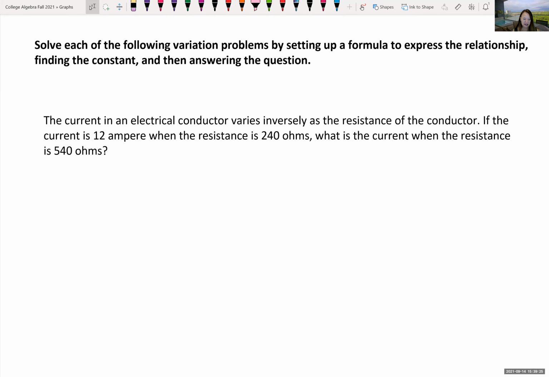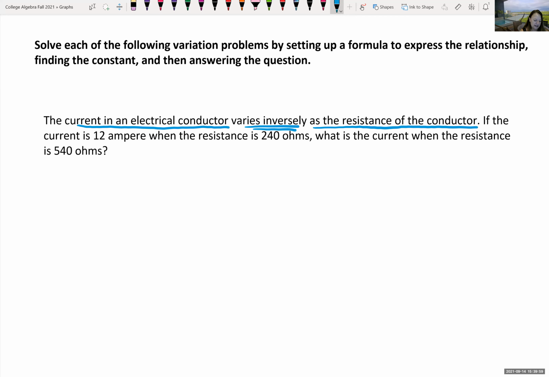Okay, so the next problems, we're going to solve each of the following variation problems by setting up the formula to express the relationship. Then we're going to find the constant, that constant K, and then we're going to answer the question. So our first example is: the current of an electrical conductor varies inversely as the resistance of the conductor.